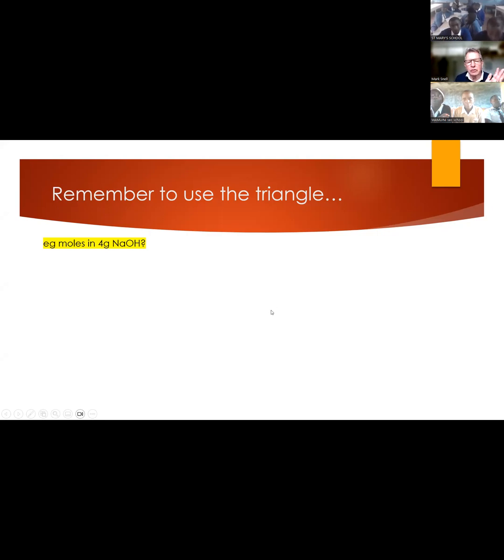So the moles in 4 grams of sodium hydroxide. I have to work out the RMM of sodium hydroxide, that's 23 and 16 and 1. That's 40. The triangle says moles is grams over RMM.